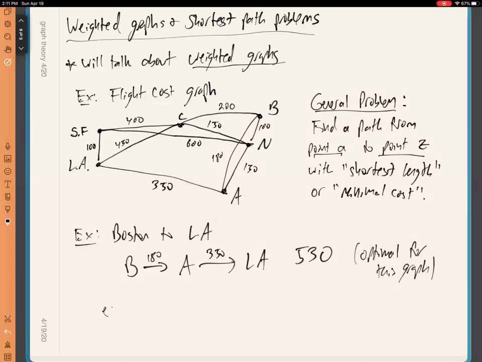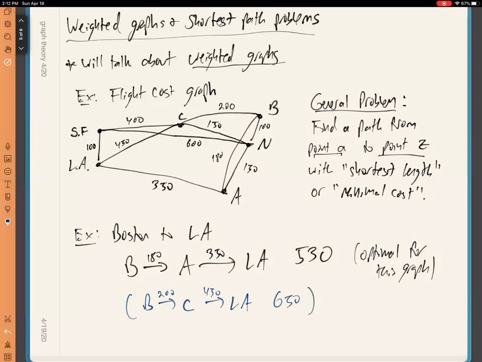Right? And so, just as an aside, if I did Boston to Chicago, and then did Chicago to LA, how much does that cost? That costs 200 from Boston to Chicago, and then 450, right? So that's going to be 650, right?